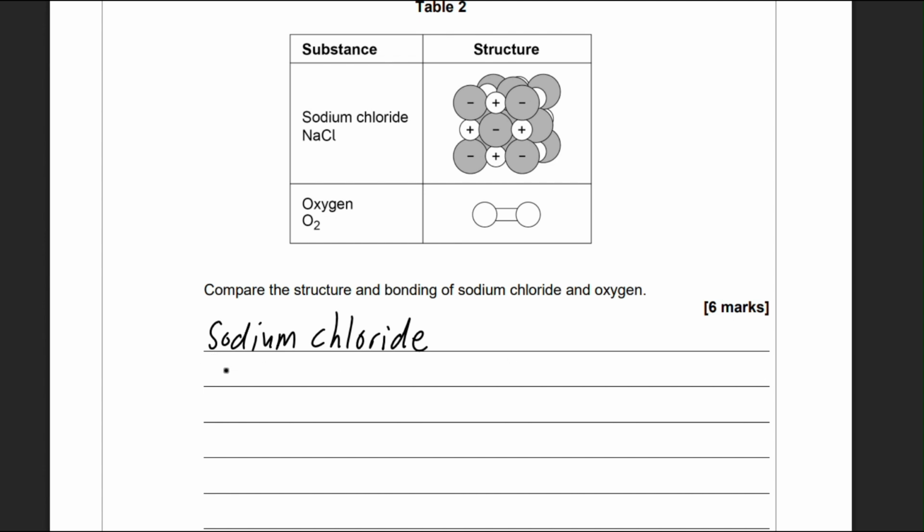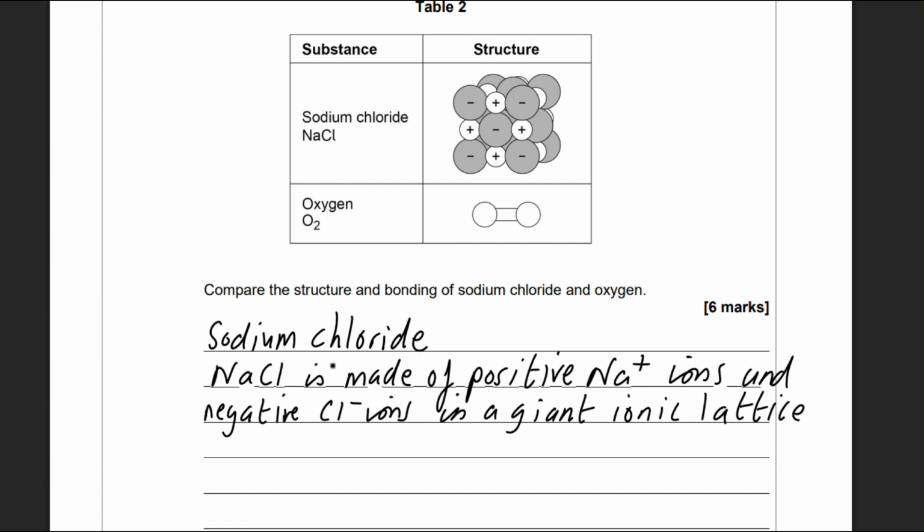So let's start with sodium chloride first. The first thing I noticed there is that sodium chloride is made up of positive and negative ions in a giant ionic lattice. And then the next thing I'm going to say about sodium chloride is that NaCl has ionic bonds.